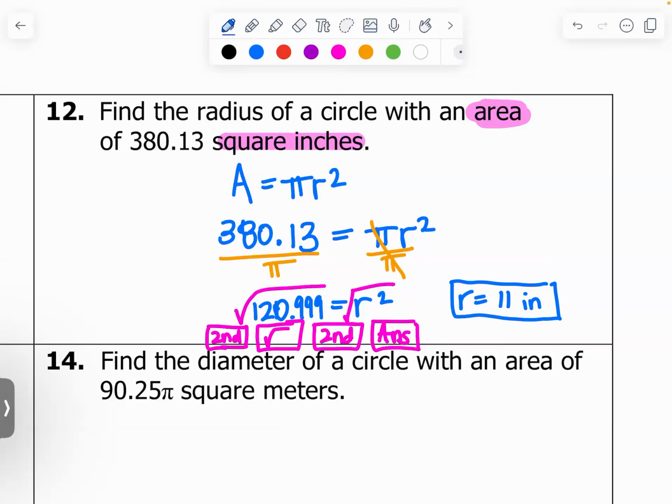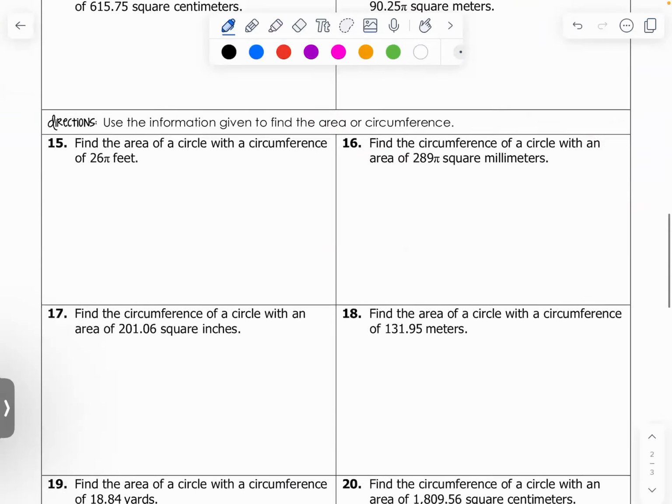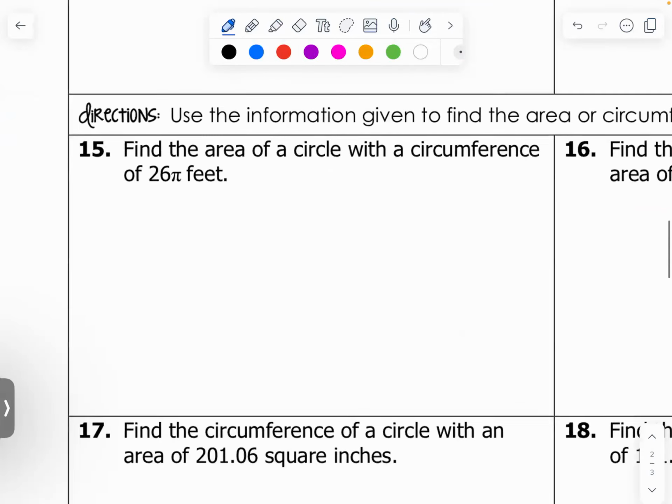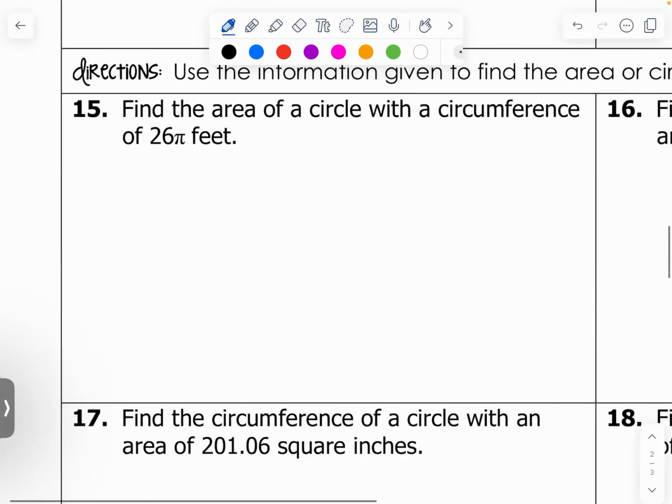Okay. Now, let's go to number 15. What are we gonna have to do?